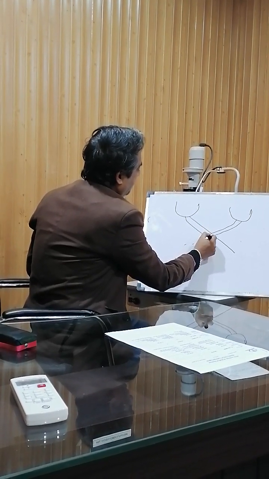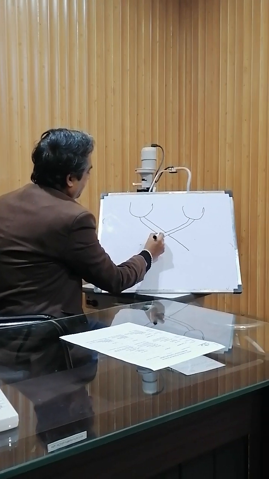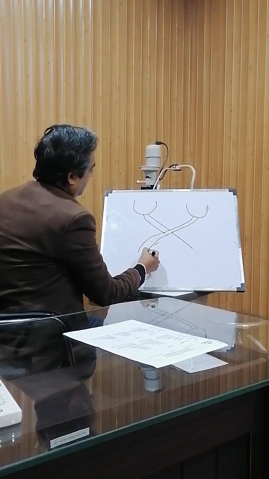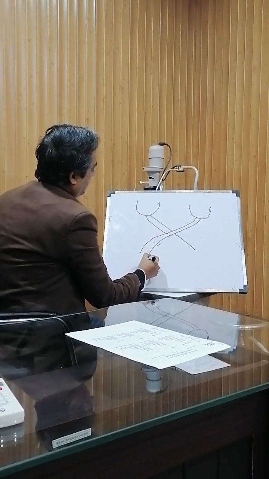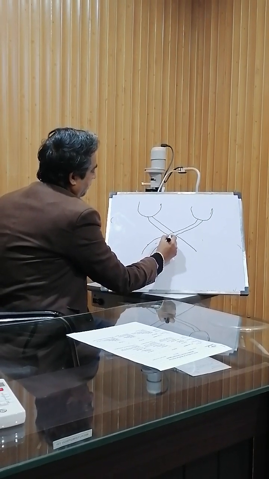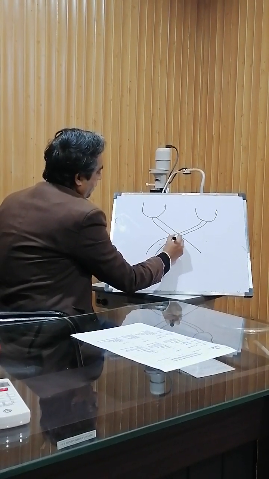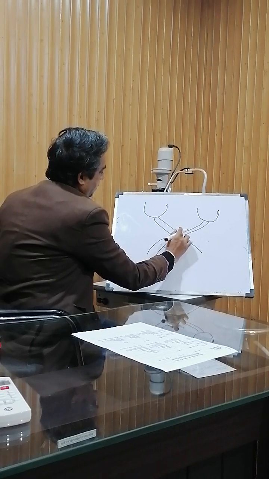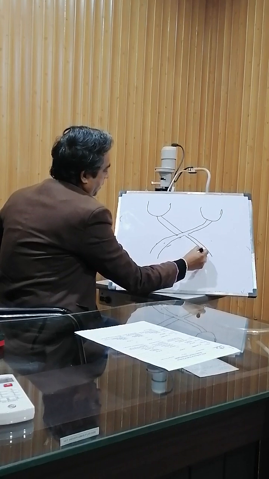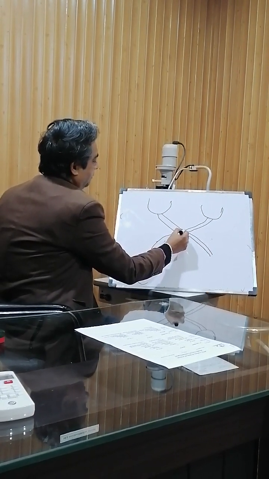Both the optic nerves meet and form the optic chiasma, and then this is optic tract, right? This is the right optic tract, and similarly this is the left optic tract, and this is optic chiasma.